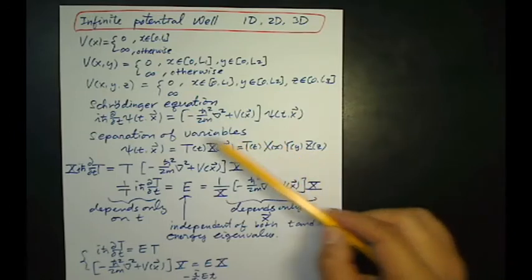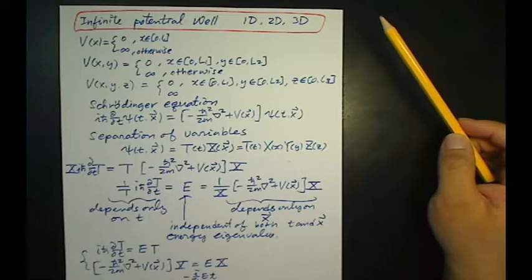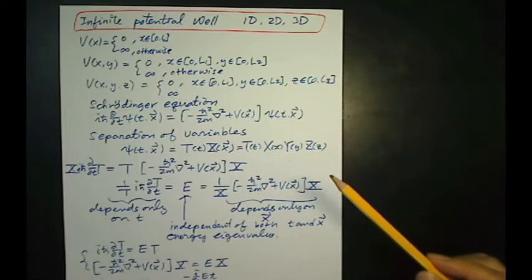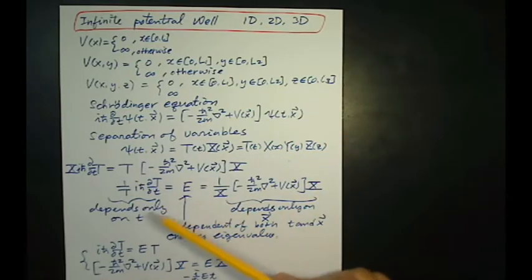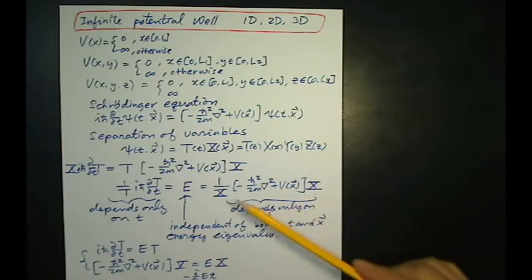Again, we substitute this trial solution into the Schrödinger equation and divide both sides by that solution. Then we have a factor depending only on time, and another factor depending only on x.